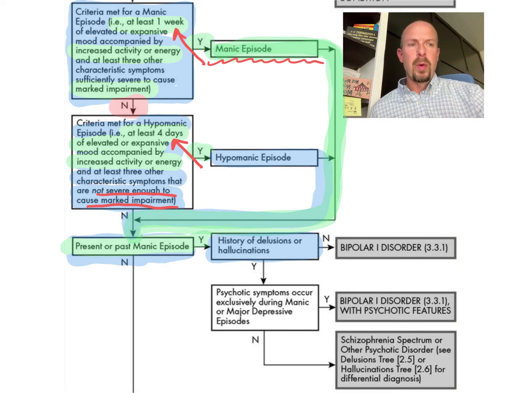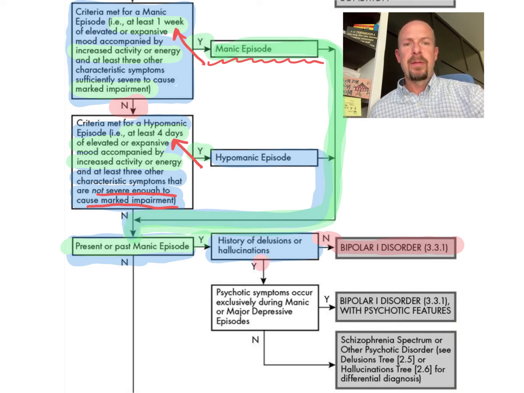If we say no, let's continue on to the right. If they've had a present or past manic episode, but the history of delusions or hallucinations is a no, then it would most likely be a diagnosis of bipolar 1 disorder, because there's been no history of delusions or hallucinations, and they're either currently having a manic episode or had one in the past. That would make sense.